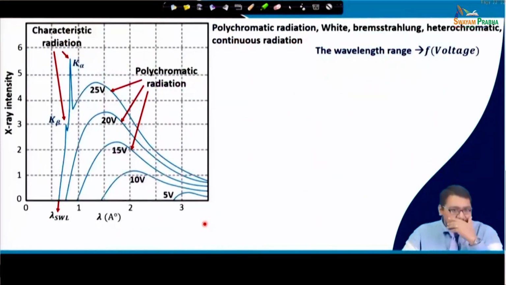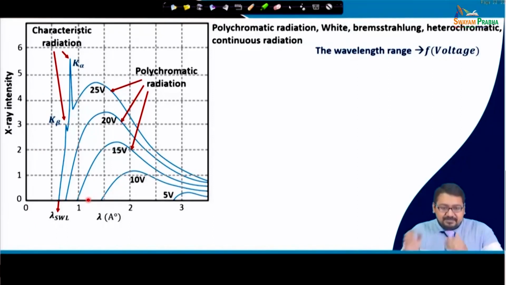If we look at this diagram of X-rays, it is a schematic one, and it's also given in most books in some way or in a different manner. It shows the x-axis as the wavelength in Angstrom, and the y-axis as the X-ray intensity in arbitrary units.